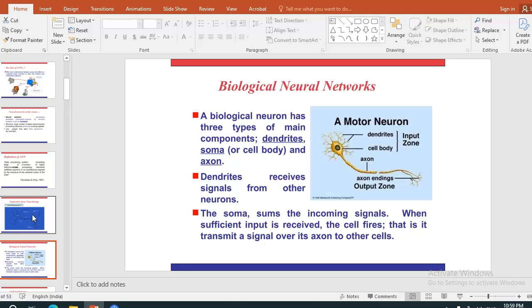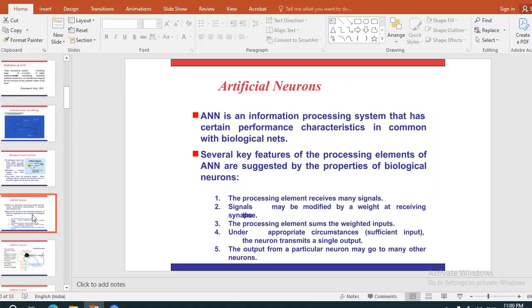Here, dendrites act as the input, the cell body acts as the processing unit, and finally the axon is the output unit. So this is a comparison between biological neural networks and artificial neural networks.